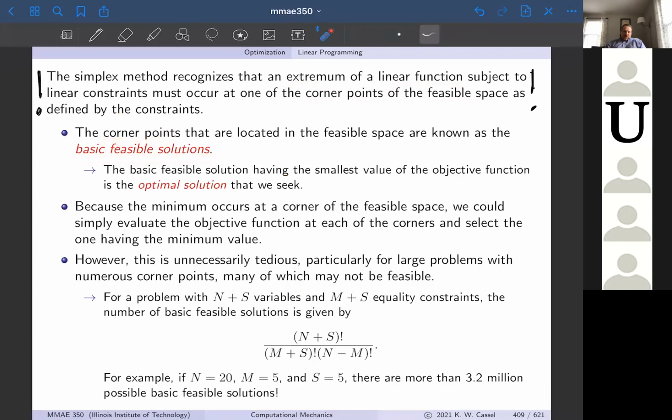The one that has the smallest value of the objective function, well, that's the optimal solution that we're looking for. So of all of those vertices in our polygon, we want to evaluate the values of J, like we did for our train car problem last time. We only had two. And we want to determine the one that has the minimum value of J. That's our optimal solution.